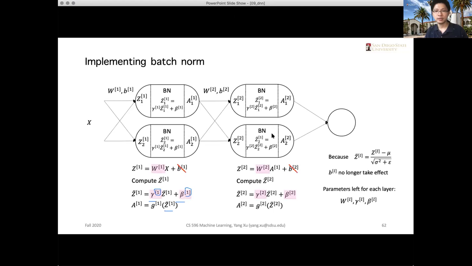So actually, the effective parameters, if we apply batch norm, are just the W, gamma, and beta for each layer. And the gammas and betas are basically the same dimension as the original bias terms. They are like column vectors for each layer.